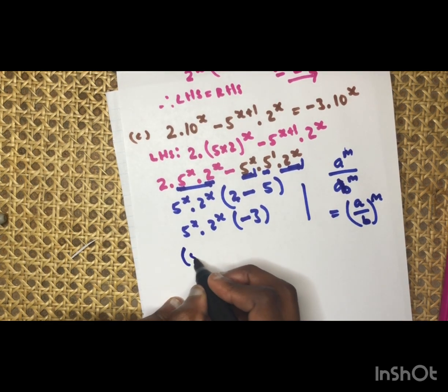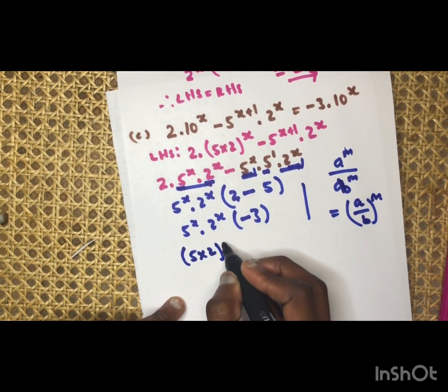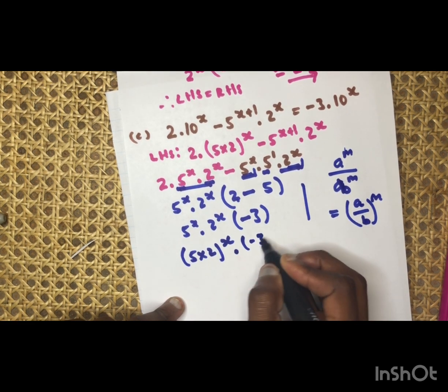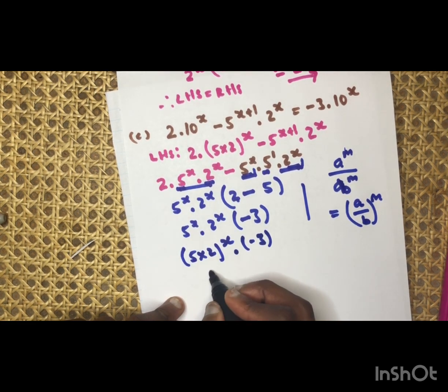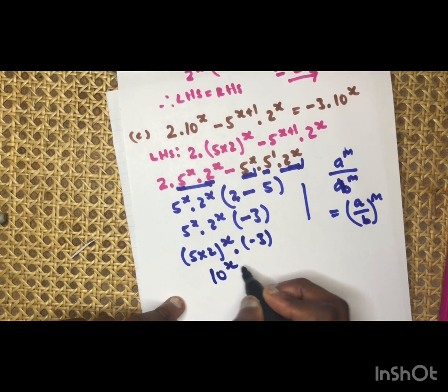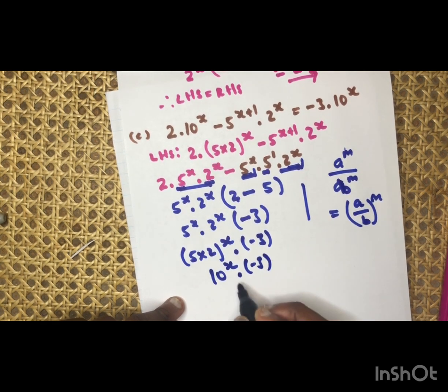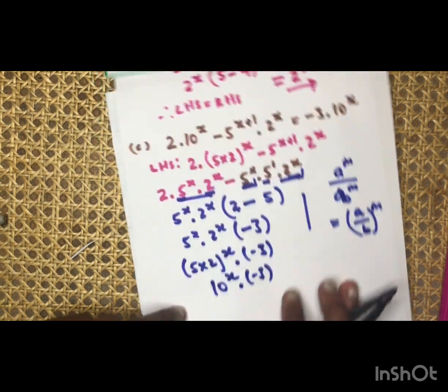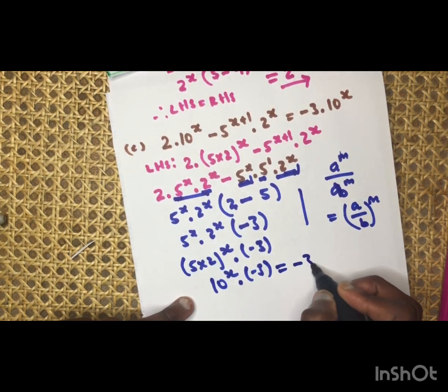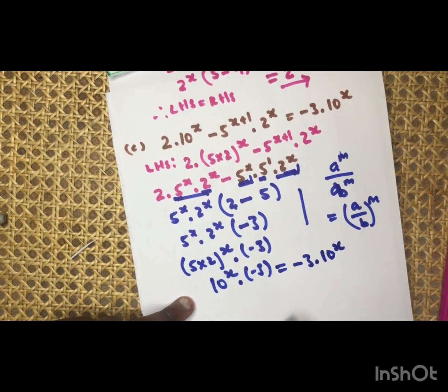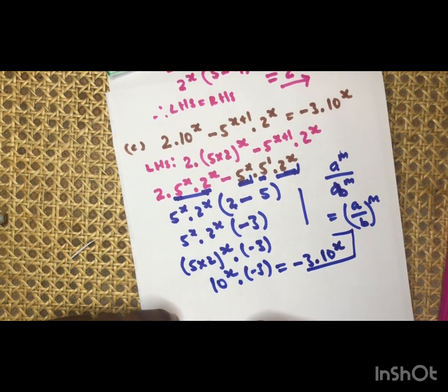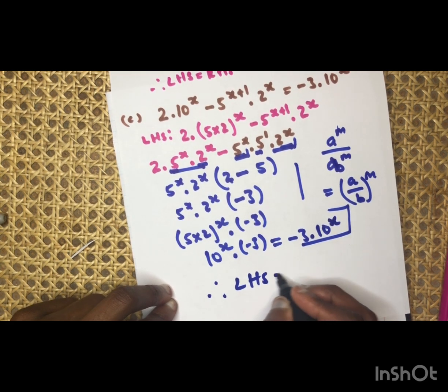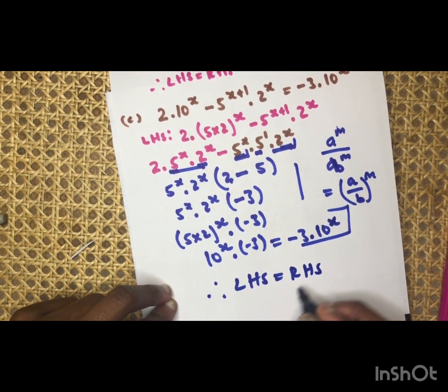So this is the same as 5 times 2 all to the power x times minus 3. So 5 times 2, we get 10 to this power times minus 3. So we can write it just like the way they did here. So now we can say this is minus 3 times 10 to the power x. So this is your answer. Now we can conclude that the left hand side is equal to the right hand side.